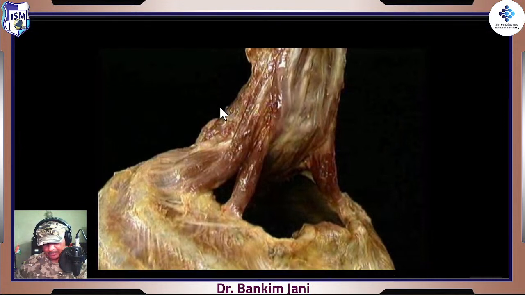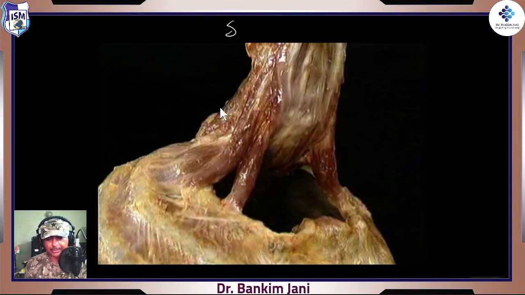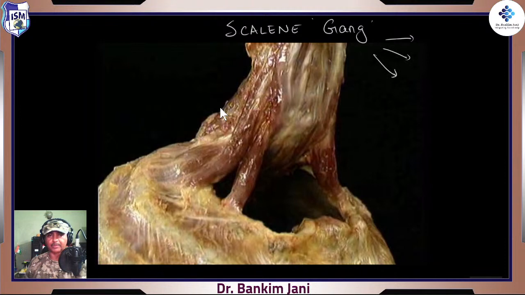These are the muscles which you should know very well. These muscles are very famous, and they are the scalenes. This scalene gang has three muscles: anterior, medius, and posterior.